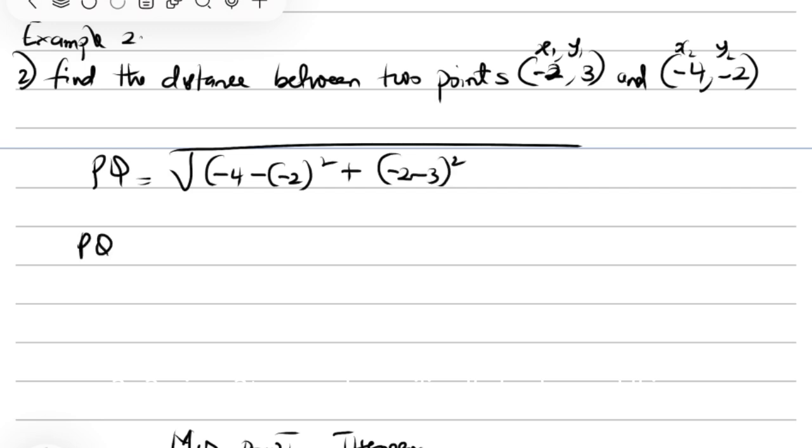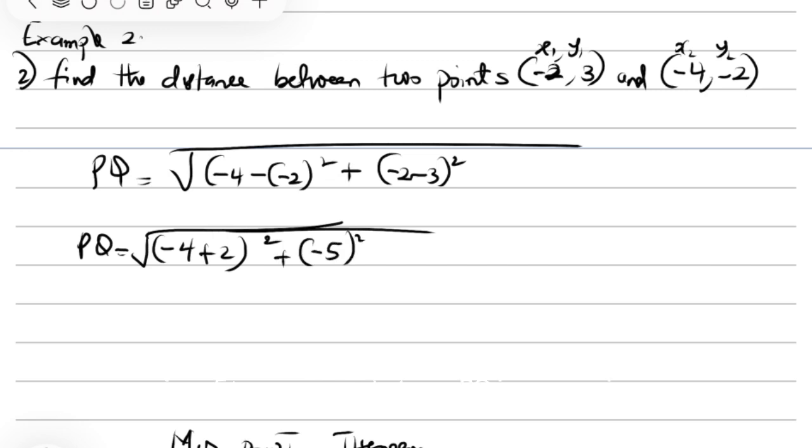So writing that out, we got this now: minus 4 plus 2 all squared plus minus 5 all squared. So PQ gives us minus 4 plus 2, which is minus 2 squared, plus negative 5 squared, which gives us 25.